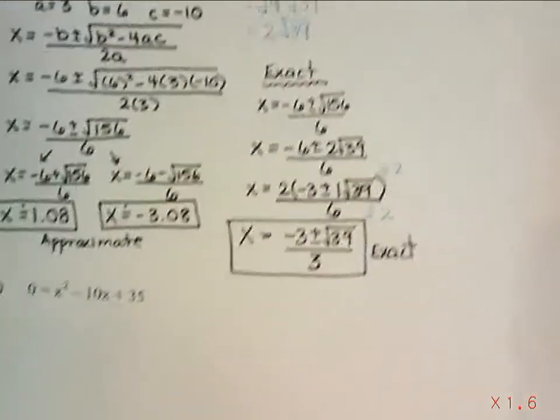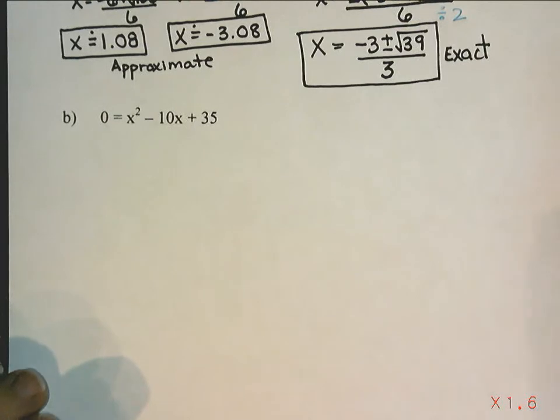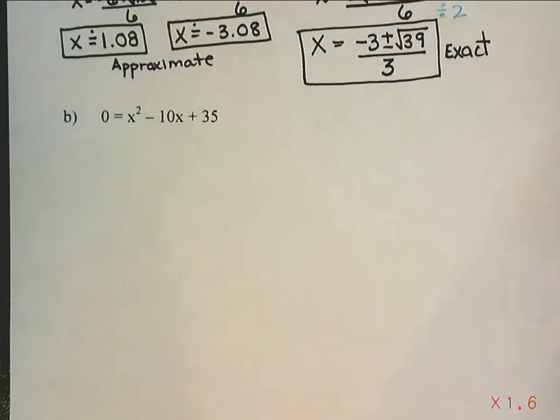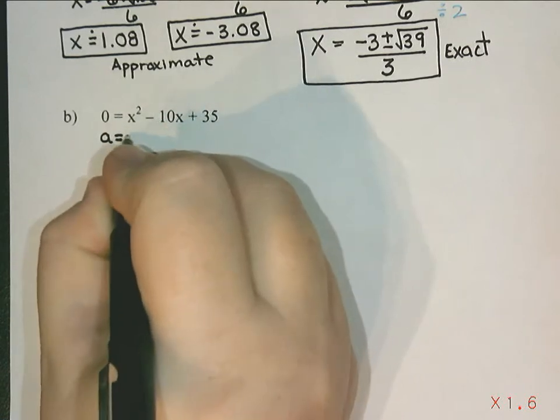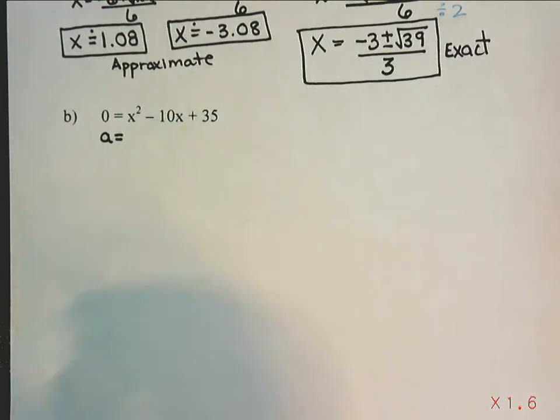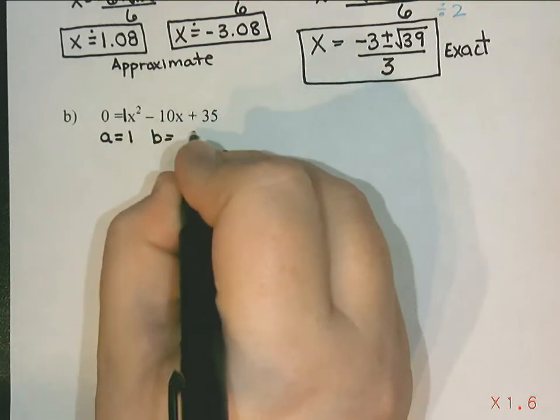Now the next question is also another quadratic, so 0 equals x squared minus 10x plus 35. So I'm going to start by writing down my a, b, and c. So a equals, well, if you don't see a coefficient, there's always a 1 hiding in front there, so a would be 1. B is not just 10, it's negative 10.